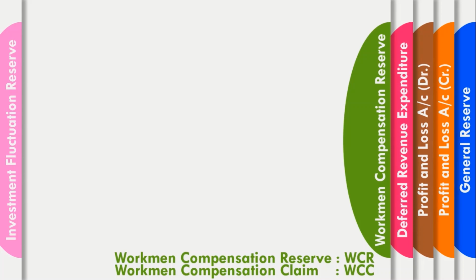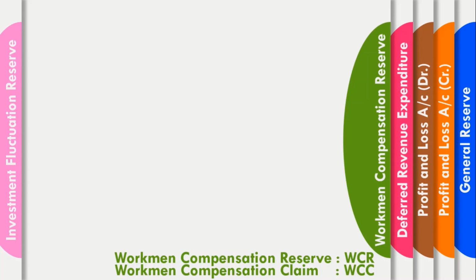So, the compensation can be given anytime when the loss occurs. So, to get prepared for that, we prepare a reserve called workmen compensation reserve. And if that claim arises, meaning if that mishappening happened and now we are bound to pay the claim, that is called workmen compensation claim.